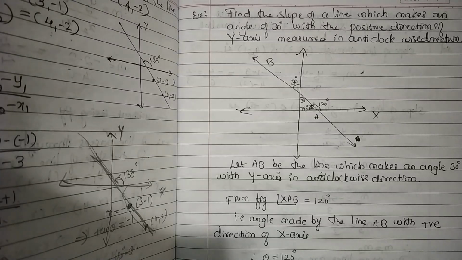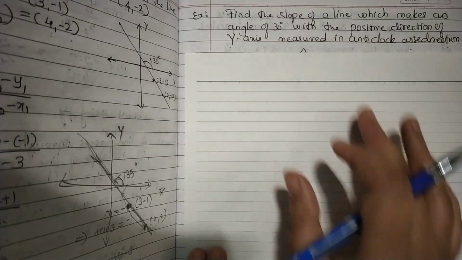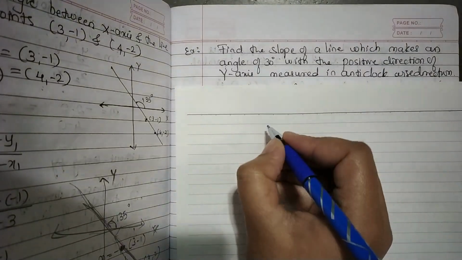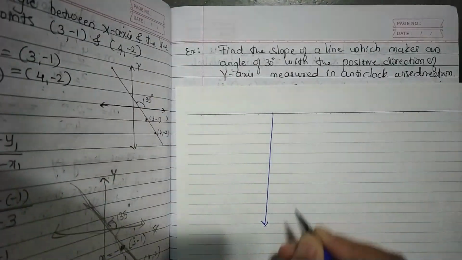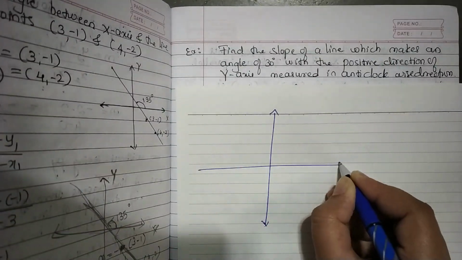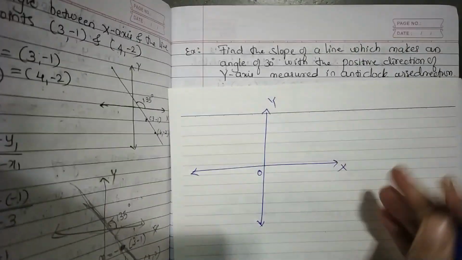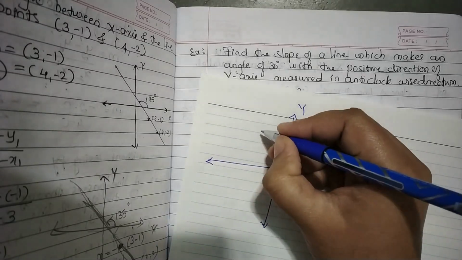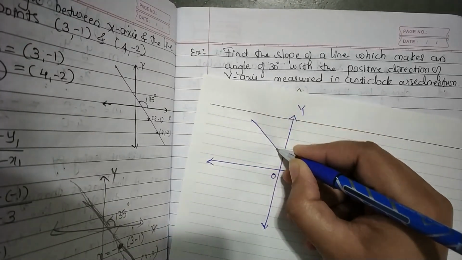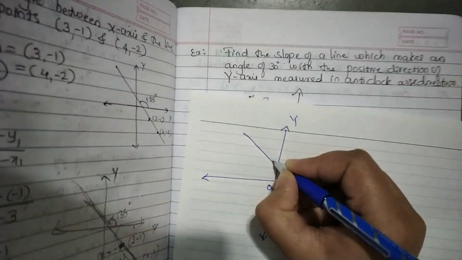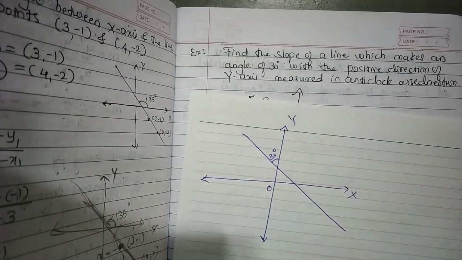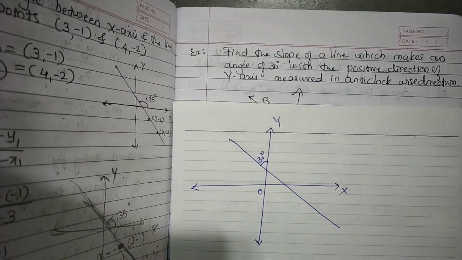But according to the definition of slope, the angle is measured with the positive direction of the x-axis. So what is the slope of a line which makes an angle 30 degree with the y-axis? This is 30 degree with respect to the y-axis.